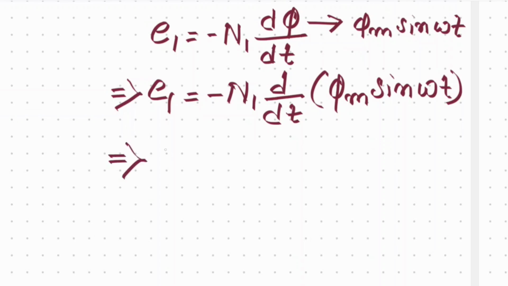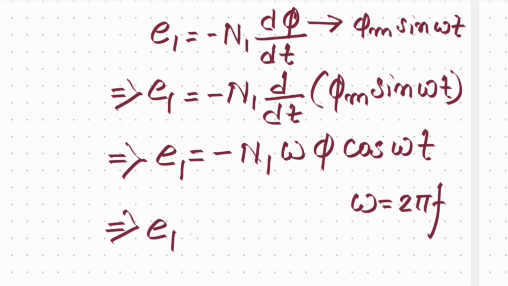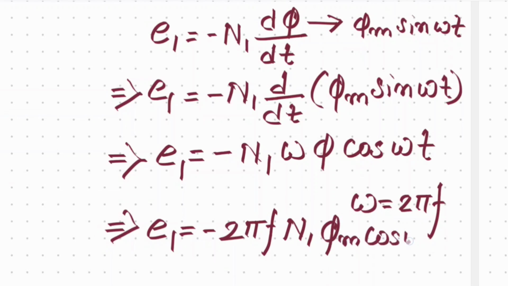Now we can write E1 is equal to minus N1, omega phi m being constant, the derivative of sin omega t is cos omega t. We know that omega is equal to 2 pi f. So we can write E1 is equal to minus 2 pi f N1 phi m cos omega t.